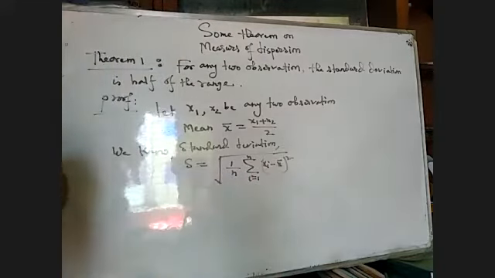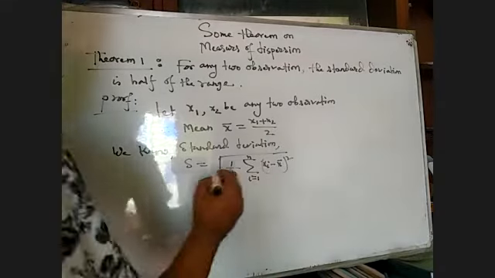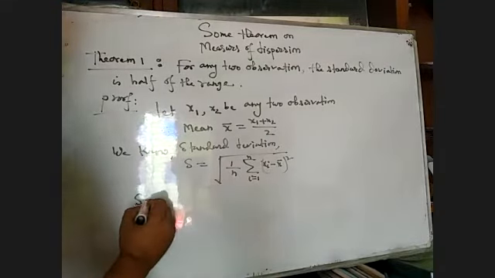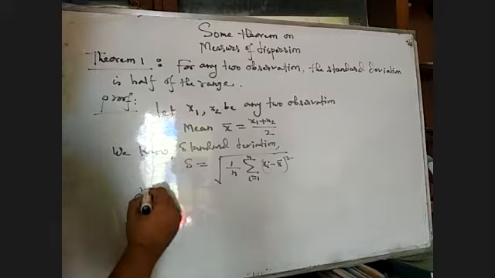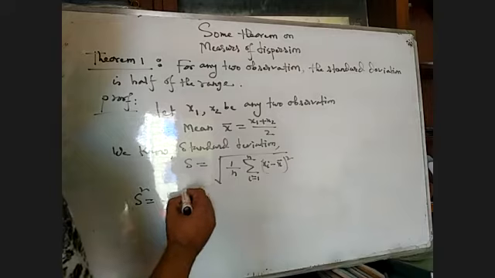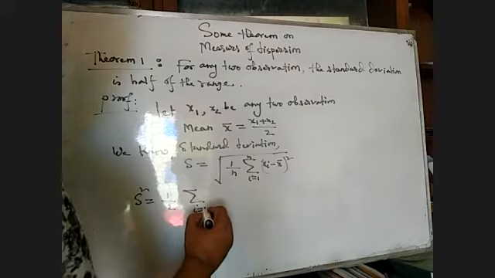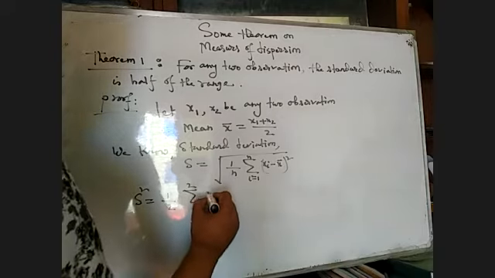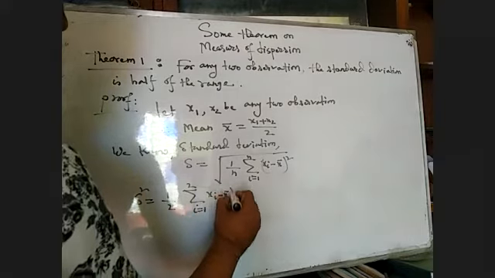Okay. So if n equals to 2, it can be written as s square equals to 1 by 2 summation i equals to 1 to 2 xi minus x bar whole square.